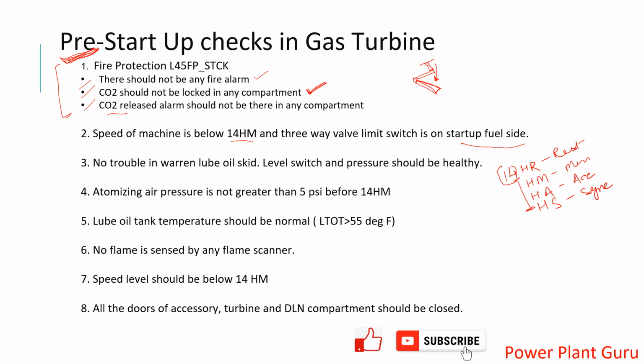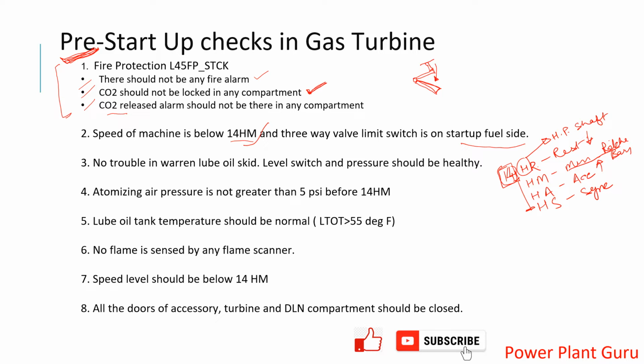These are four types of speed signal pickups. 14 stands for the speed signal, ASME speed signal coding, and H stands for the high pressure shaft. So HM means it is at a minimum speed, which may be ratchet or barring for different machines. It should be more than rest and less than acceleration. So it has to be on HM.